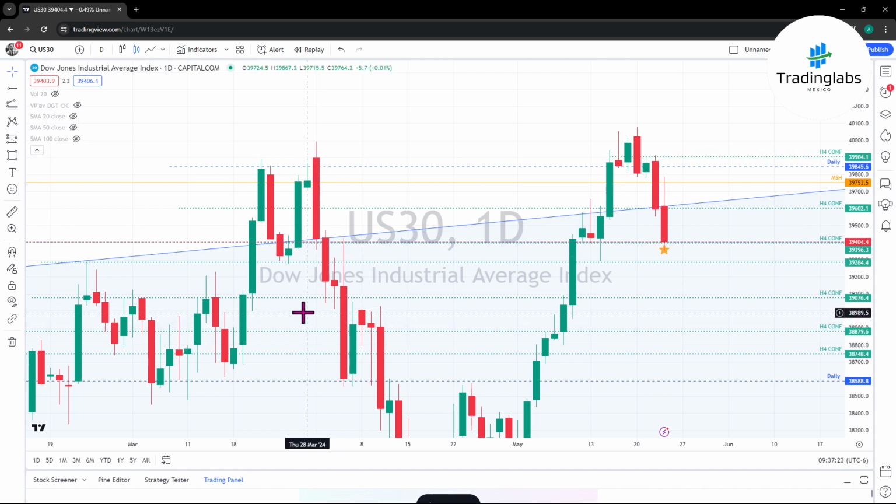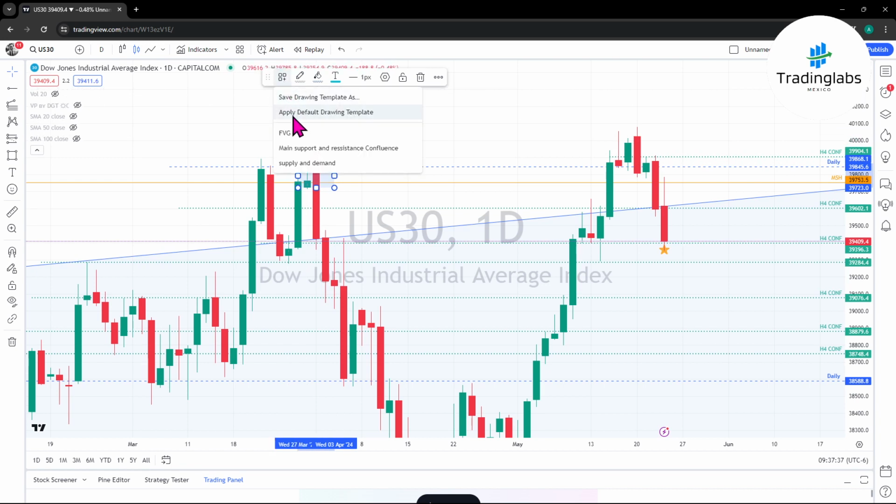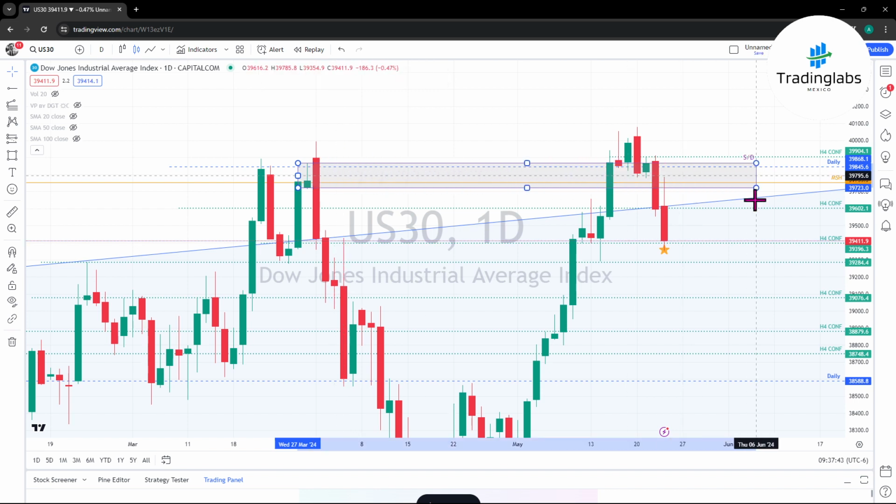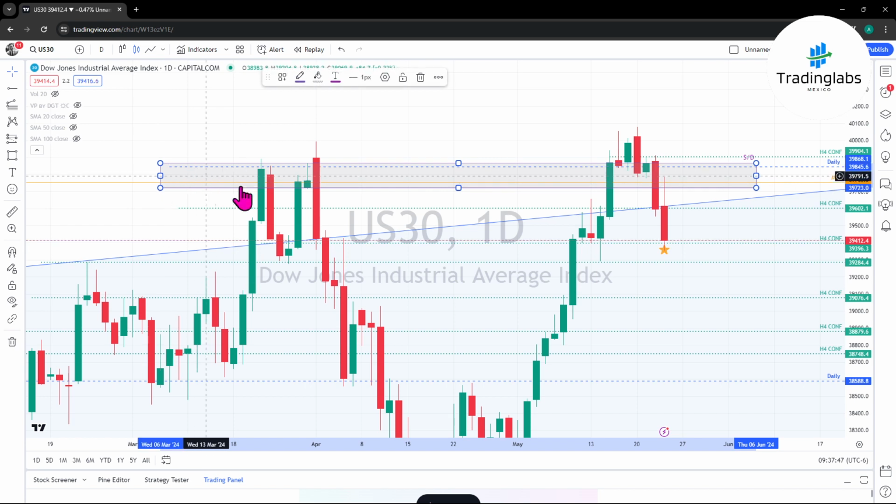It has a lot of volume versus the previous one, right? So we draw from the body of the candle to the wick of the previous candle. This is the daily supply zone.